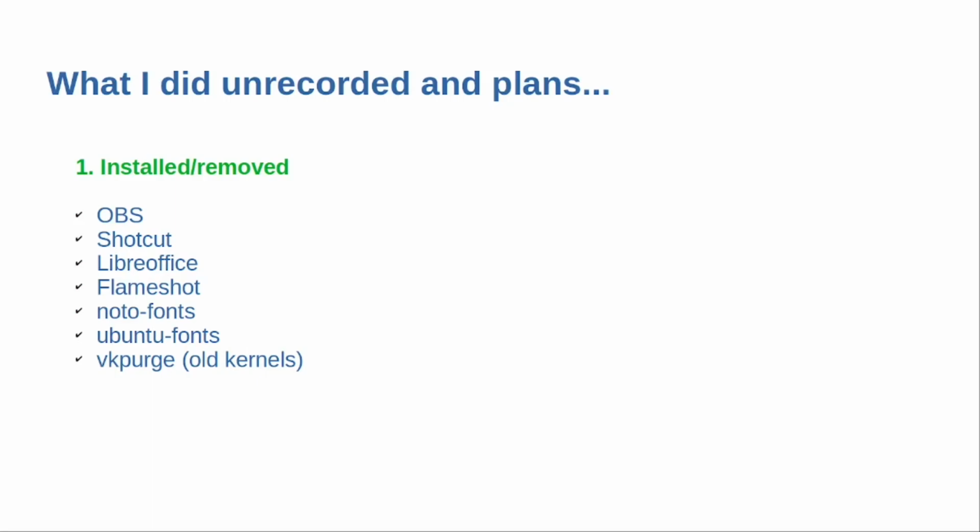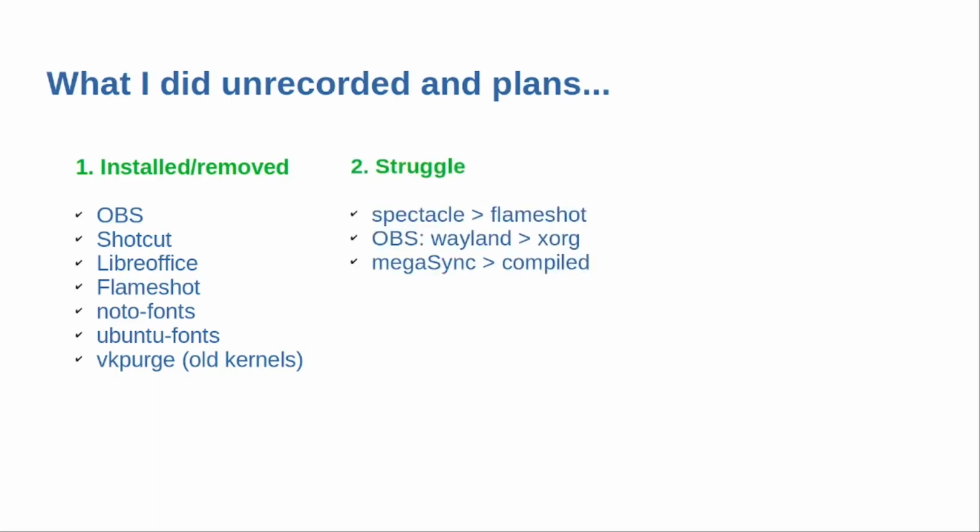The same slides that you're seeing at the moment are done using LibreOffice. Then I installed Flameshot, which is a screenshot utility. Then I installed certain fonts, Noto and Ubuntu. And then I've been updating my system as well, of course. There were a couple of old kernels that I had to get rid of using the vkpurge command.